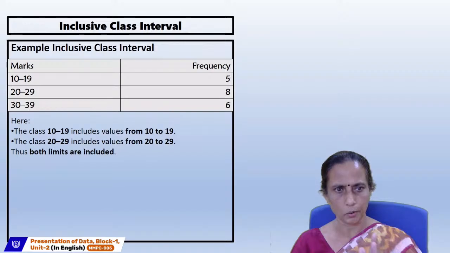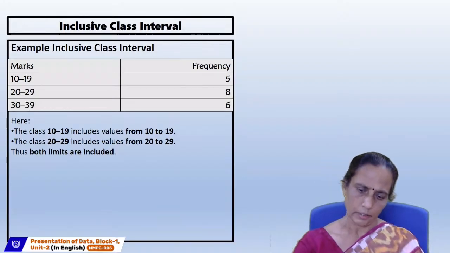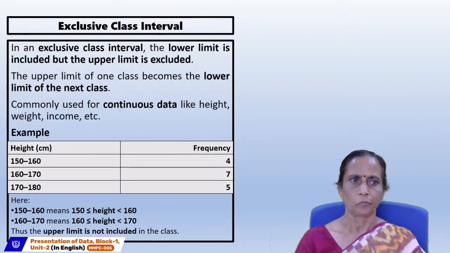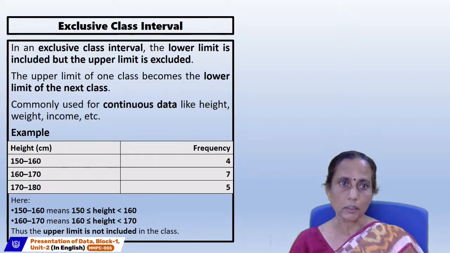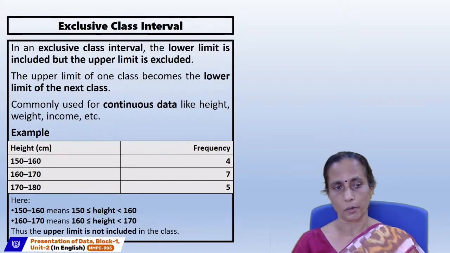Okay, so the class 10 to 19 includes values from 10 to 19. And similarly, the rest. Whereas in case of exclusive class interval, the lower limit is included, but the upper limit is excluded.